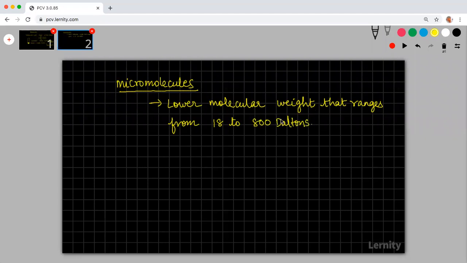So what is Daltons? Do you guys know what is Daltons? We use the symbol Da.